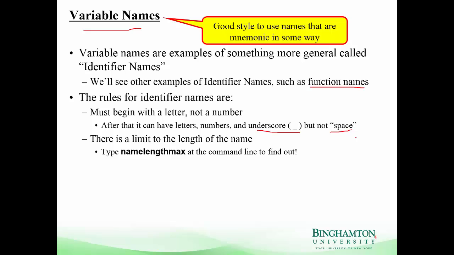I don't know. Or maybe it changes, and they upgrade it from version to version. Don't know. Names are case sensitive, so be careful using uppercase and lowercase letters. Those will be different from each other.